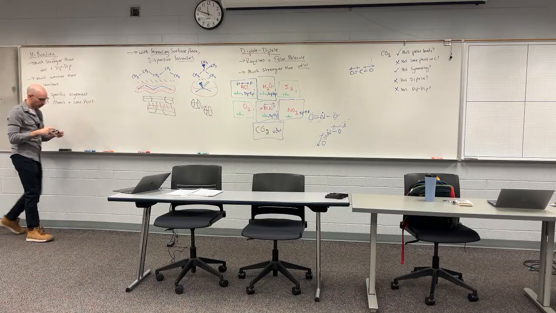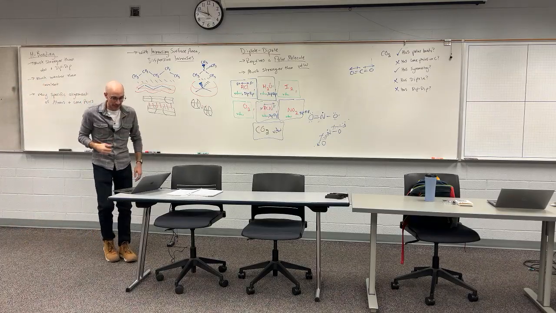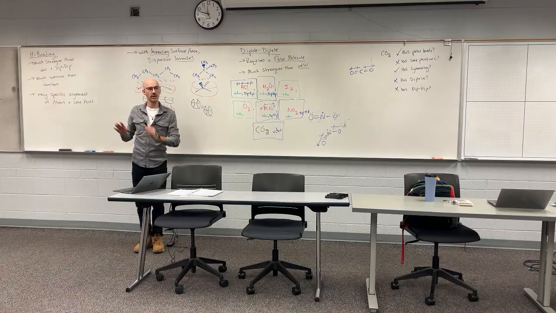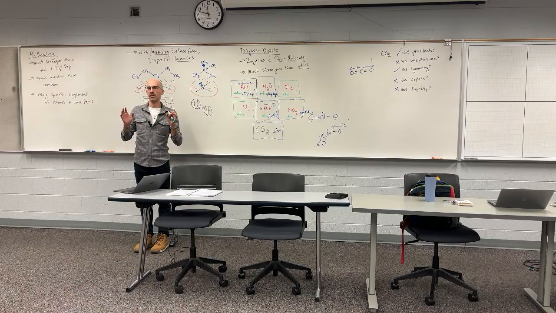Now, I've drawn this graphic before. I don't know that it always comes across the way that I want it to, so I think I'll draw the graphic once, and then I'll show a different way that you can think about it.